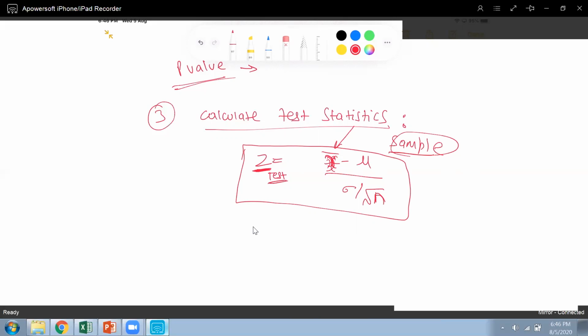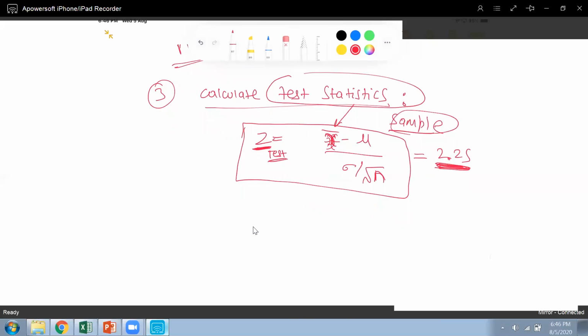After finding this, can you tell me what we will do? This will come out to be 2.25. We have found the test statistics.